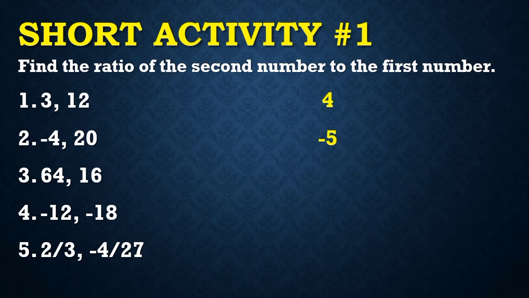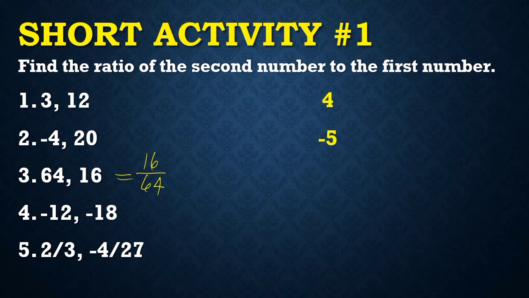And then 16 over 64. Ang 16 over 64, magiging fraction siya. And then, kukunin natin yung lowest term. Paano natin makukuha yung lowest term? Dapat alam natin yung common factor nila ng dalawang number na yan, yung greatest common factor.